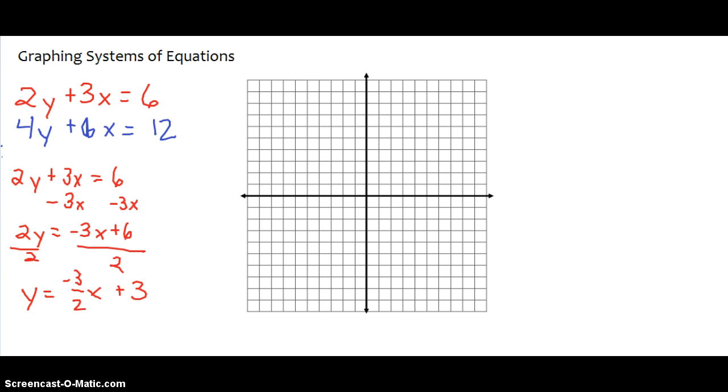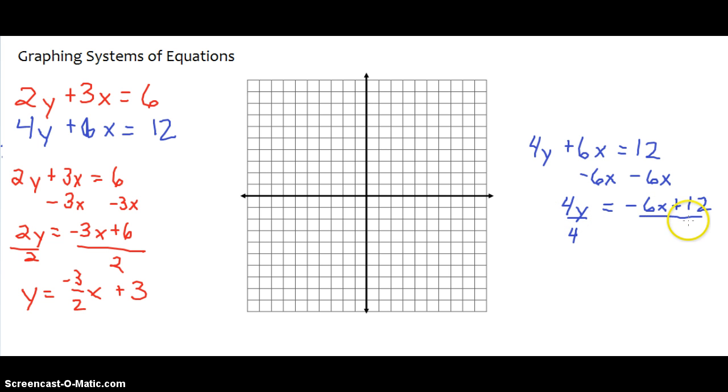For our blue equation, again, let's get that y term by itself, so we'll subtract 6x from both sides. We'll end up with 4y equals negative 6x plus 12. So let's divide both sides by 4. So we get y equals negative 6/4 x plus 3.